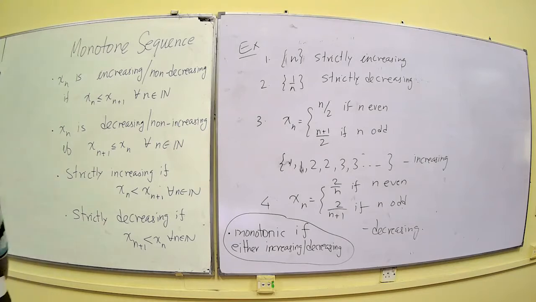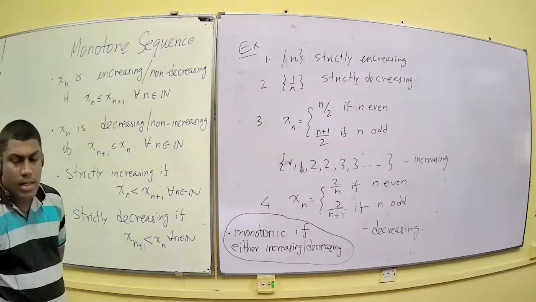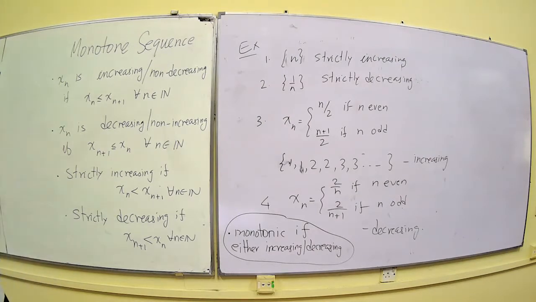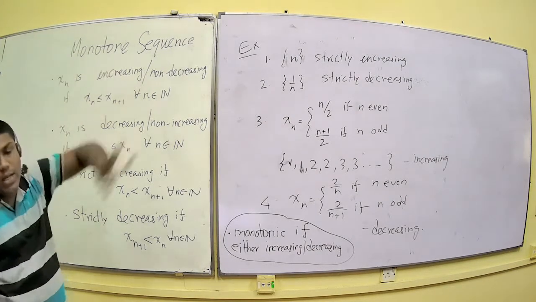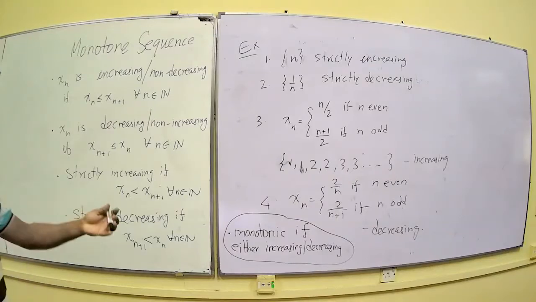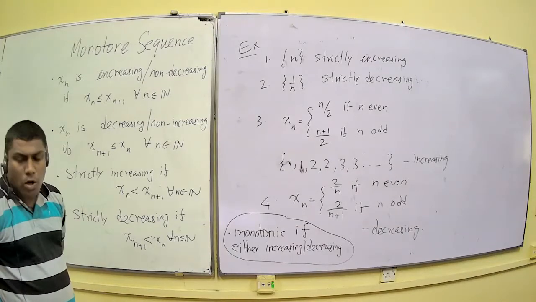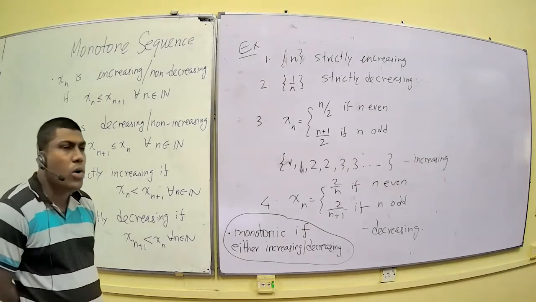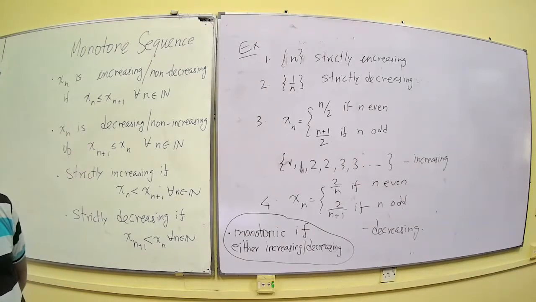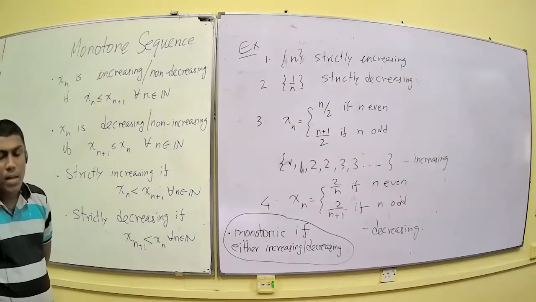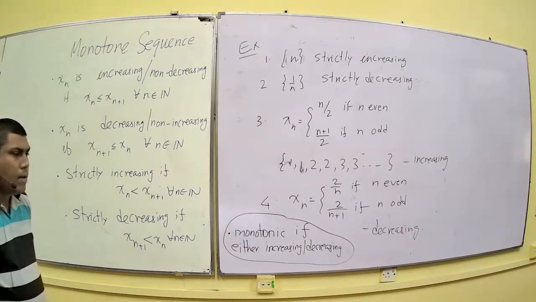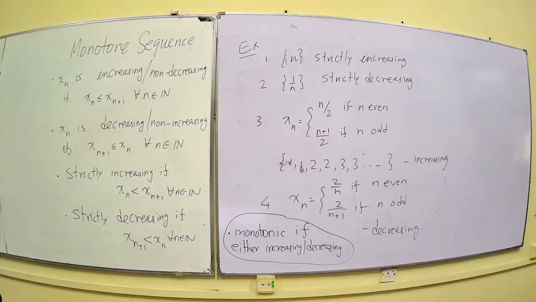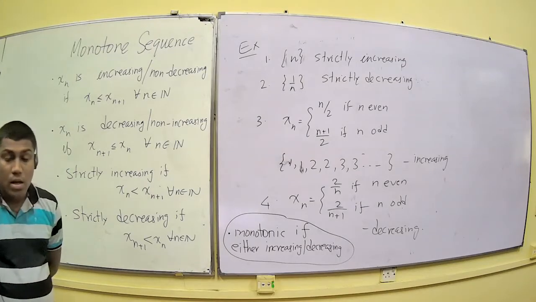So a combination of all these increasing and decreasing relationships, those kinds of sequences are said to be monotonic. If someone says let xn be a monotonic sequence, then you should understand that it might be increasing or it might be decreasing, one of them should be there.